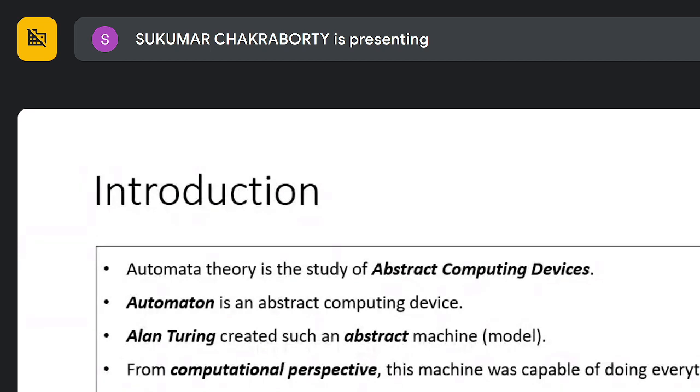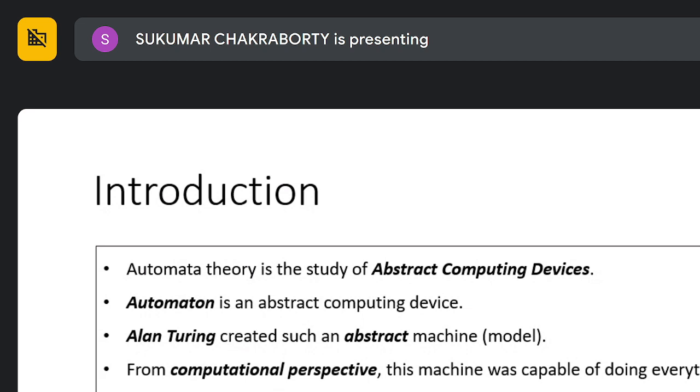After Turing invented the concept of the Turing machine, many researchers started working on simpler machines, which are not as complicated as the Turing machine, whose capability is limited. These smaller, simpler devices are designed to solve a set of specific problems. So it's not a general machine which can solve everything, but a machine with limited capabilities which has application in a very specific domain.